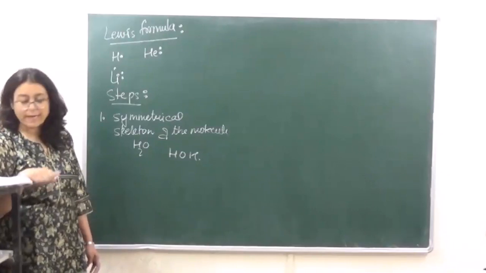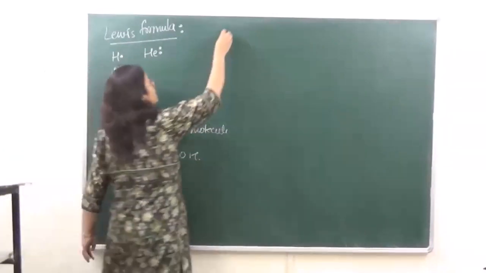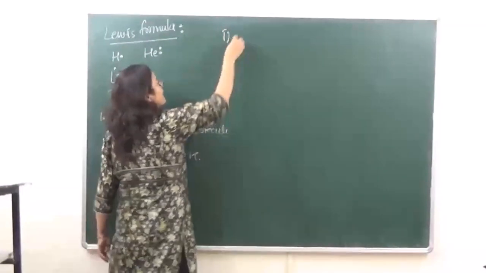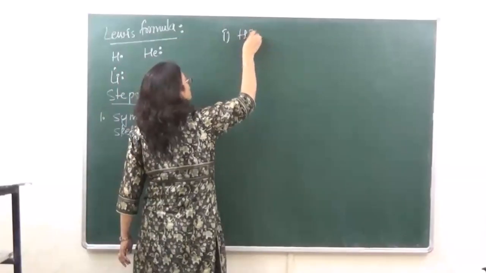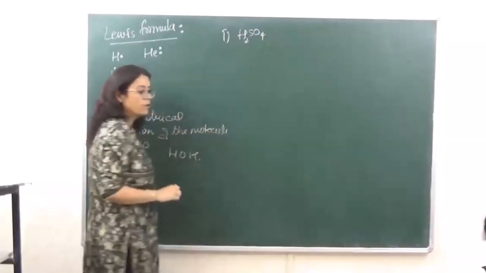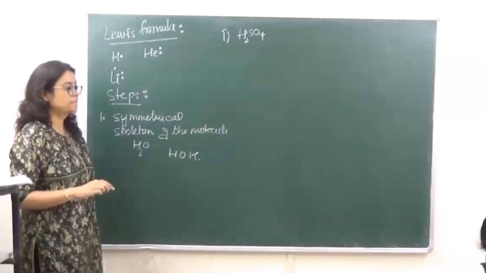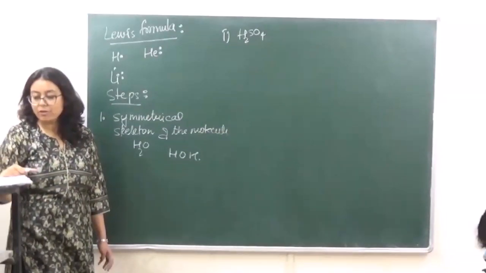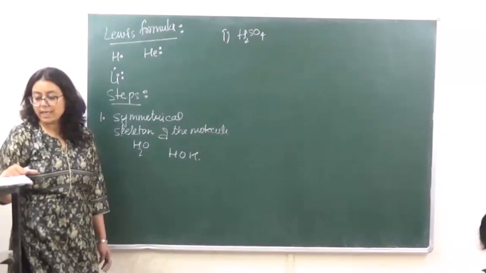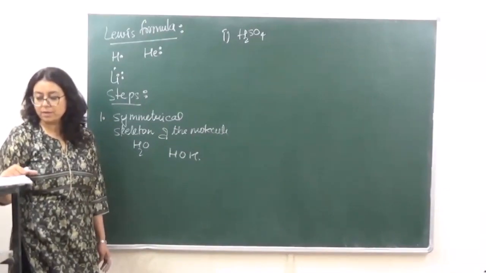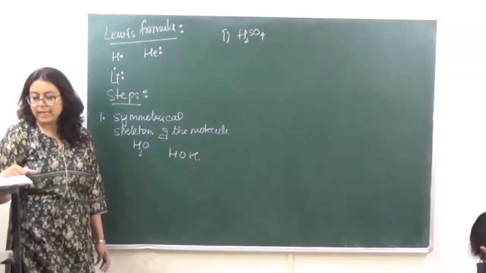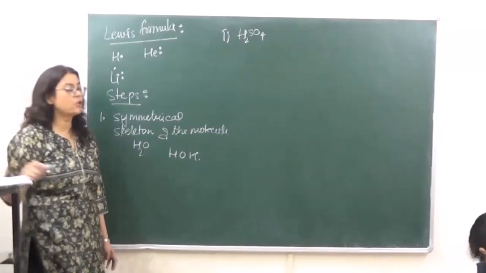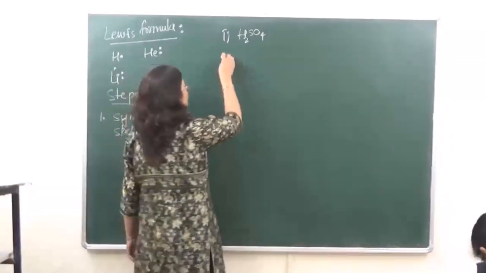Let's say we are taking the molecule H2SO4, right? In the case of H2SO4, you calculate A. What is A over here? You can write down: calculate the number of electrons available in the valence shell.